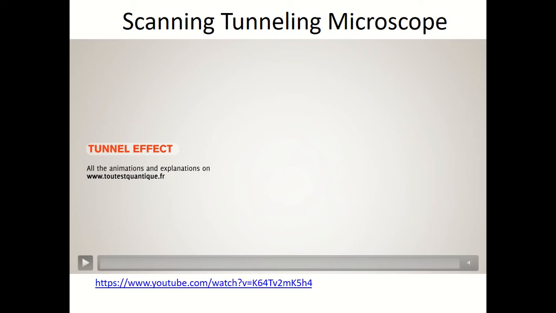So this scanning tunneling microscope, abbreviated as STM, produces images of surface down to the atomic scale using electron tunneling principle. So what is this electron tunneling? When two conducting samples are brought very close to each other.